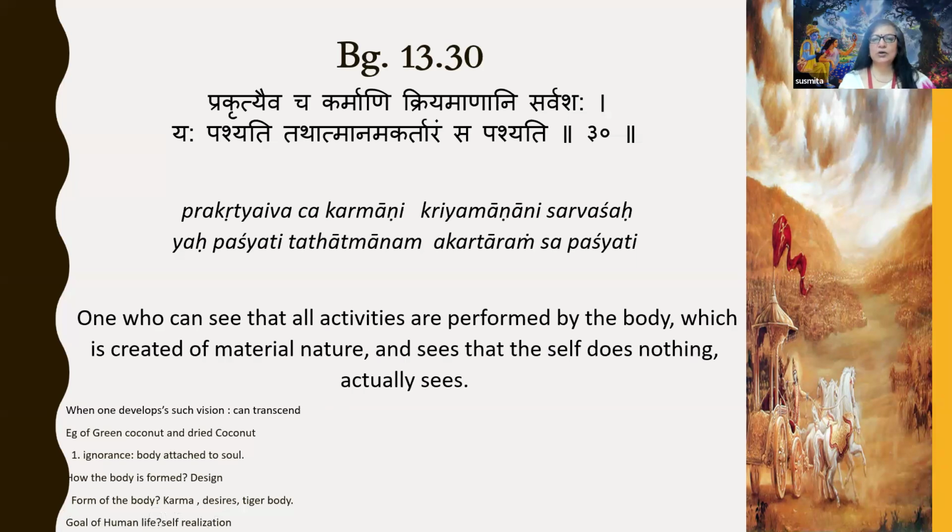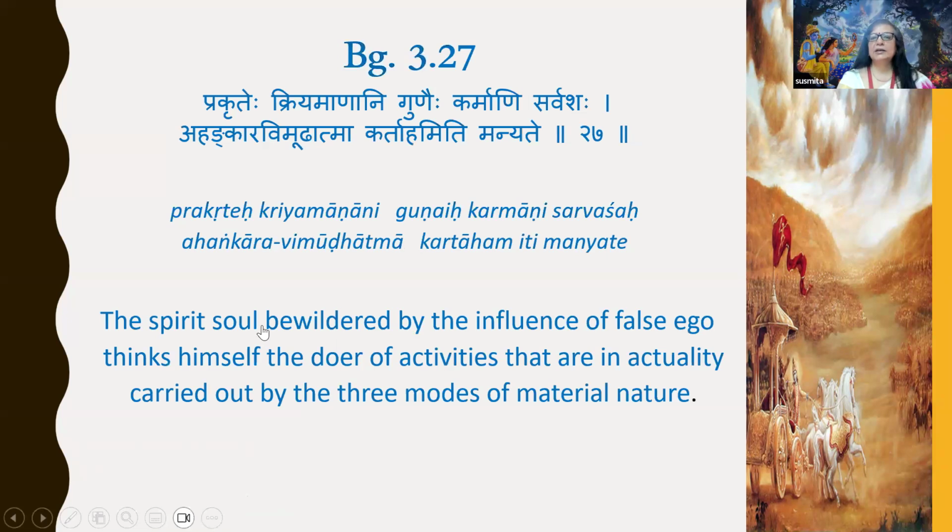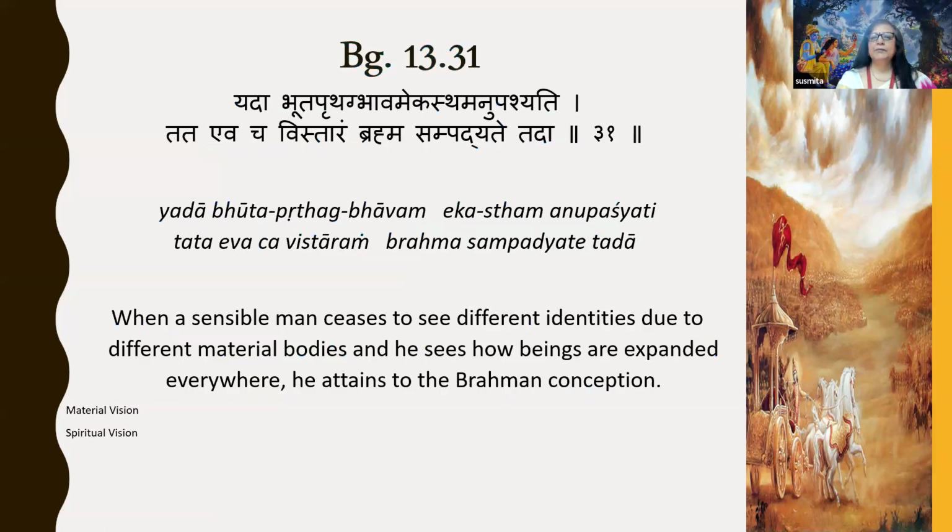Now let's go to the next sloka. Here Krishna in the 3rd chapter talks about Prakriti kriyamanani gunaih karmani sarvashah, ahankara vimudhatma kartaham iti manyate. Krishna says the bewildered soul, under the influence of false ego, thinks himself to be the doer of activities that are actually carried out by the 3 modes of material nature, right? Then we go to the next sloka, the 31st sloka.